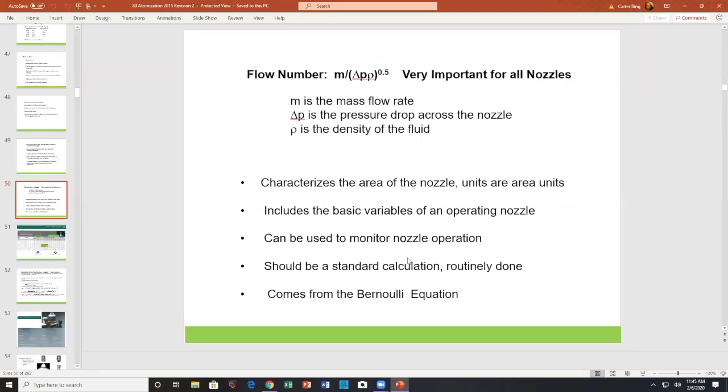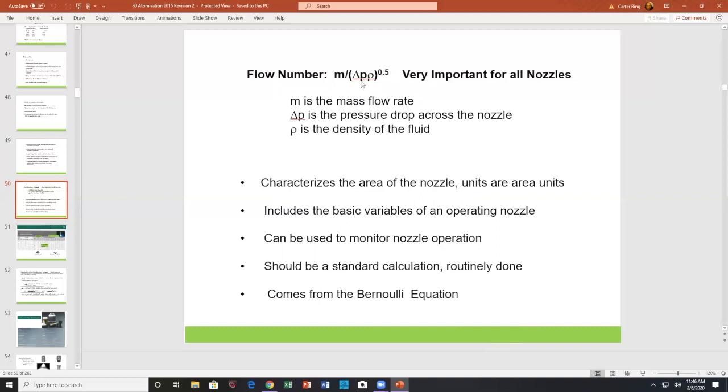Units are your friends. But you find out that it's feet squared or inches squared or whatever. Basic variables in operating nozzles: pressure drop, flow rate, and area. Should be a standard calculation routinely done, basically. What you see is mass flow rate is rho VA, density times velocity times area.